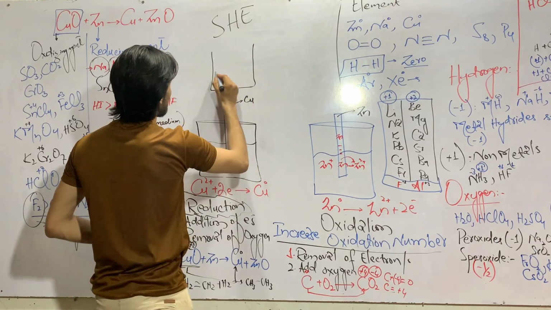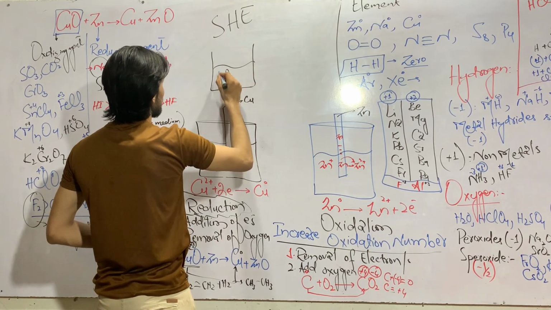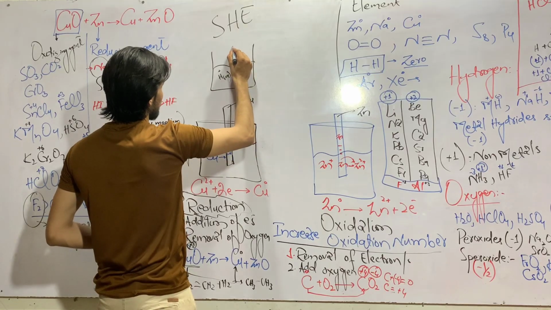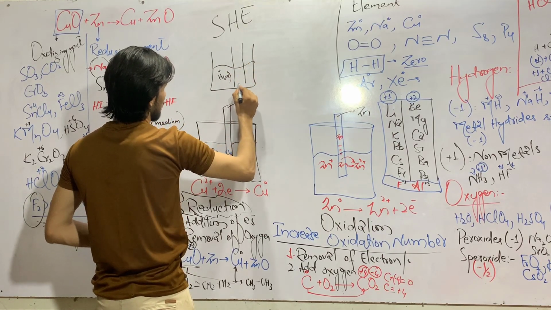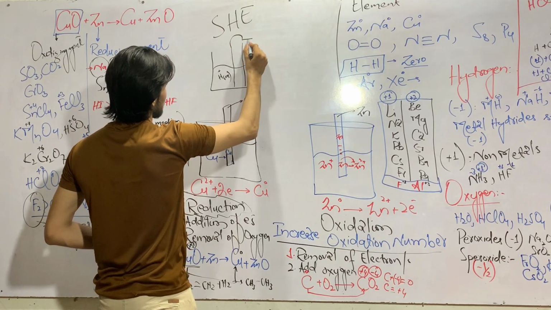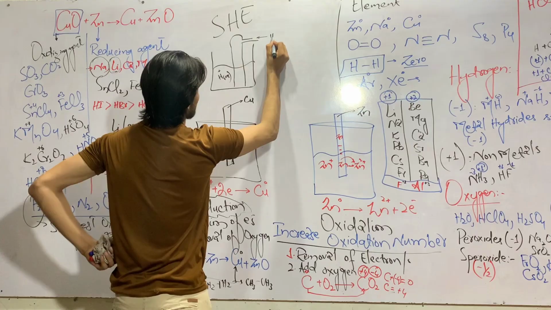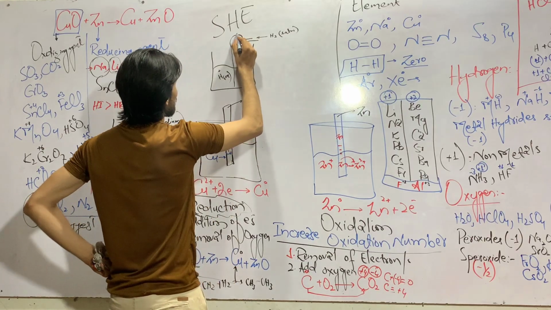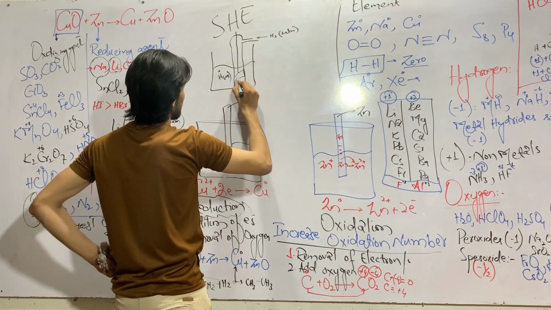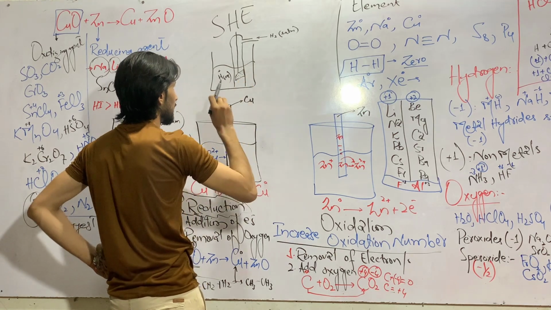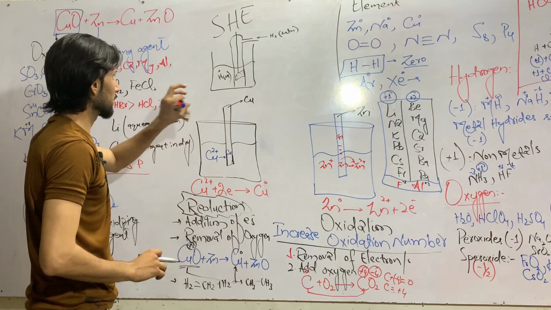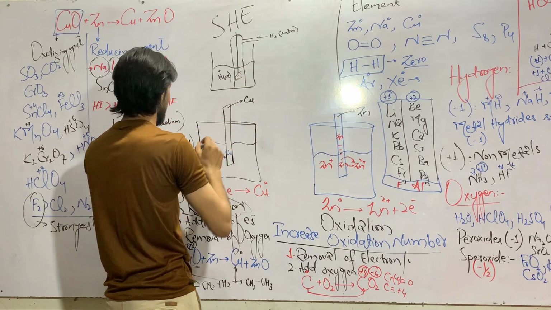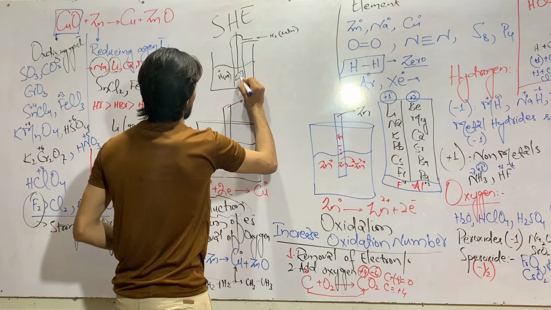A tank is filled with 1 molar solution of HCl to give 1 molar H+ ions. Having an inverted glass tube, which is constantly fed with hydrogen at 1 atm pressure, and a platinum wire connected to a platinum plate coated with platinum atoms called platinum black, to increase the surface area of the metal.